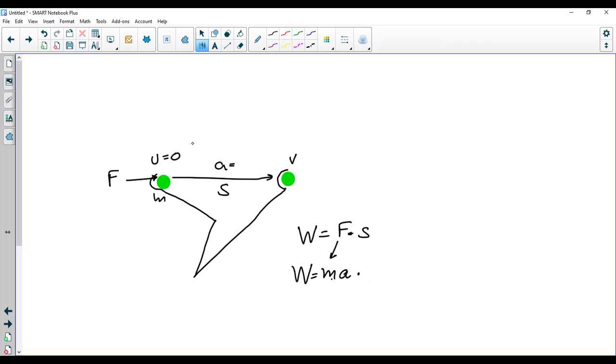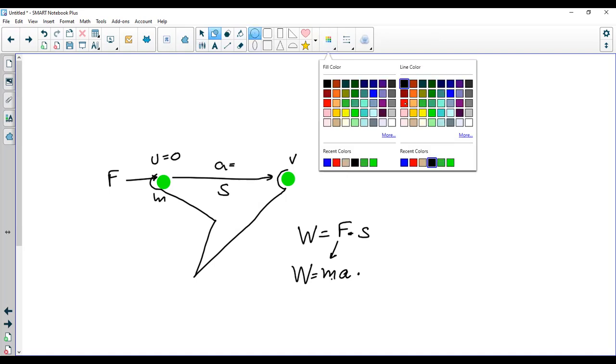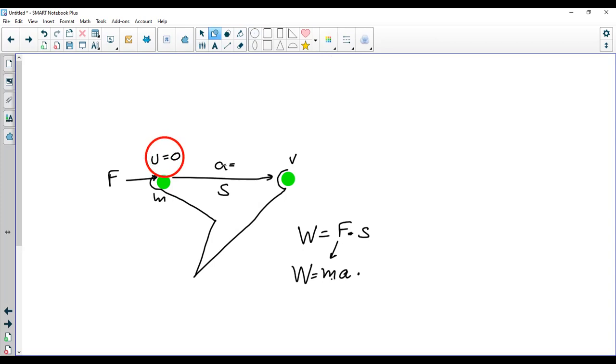The other thing, we remember the SUVAT equation technique: 3 things are given, the 4th we have to find, the 5th is not discussed. If we look at this data, the same thing is there. We have initial velocity, we have the acceleration, the displacement, the velocity, but there is no discussion of the time. So we will use an equation without time.